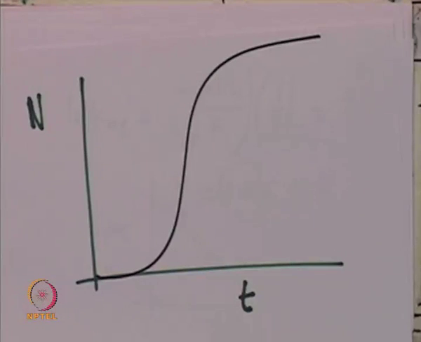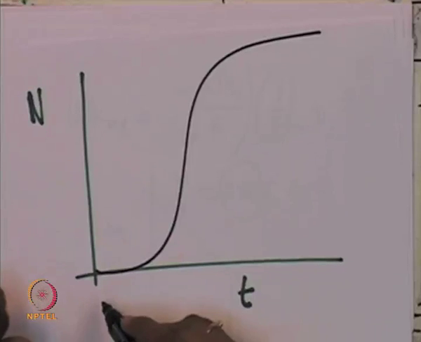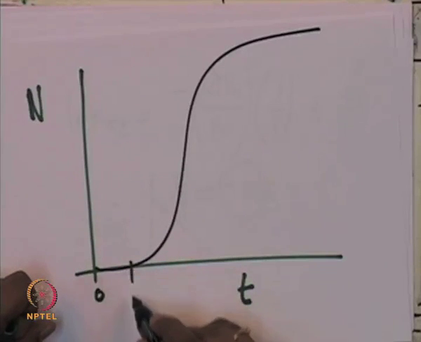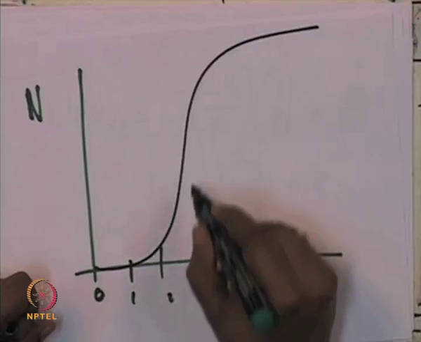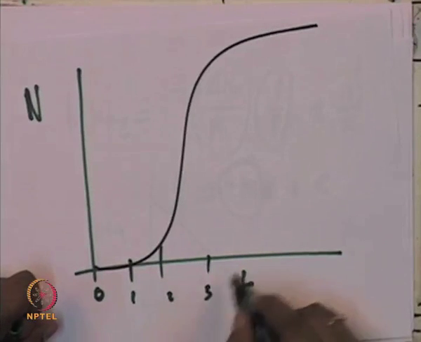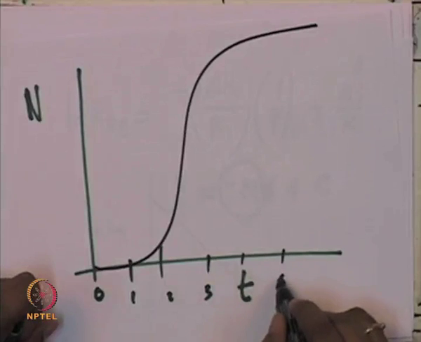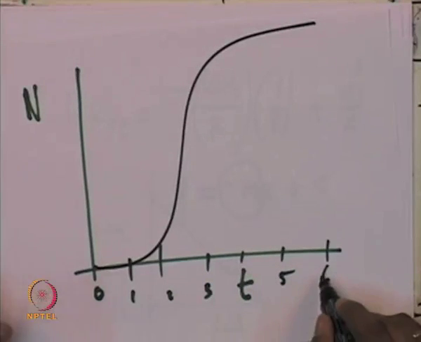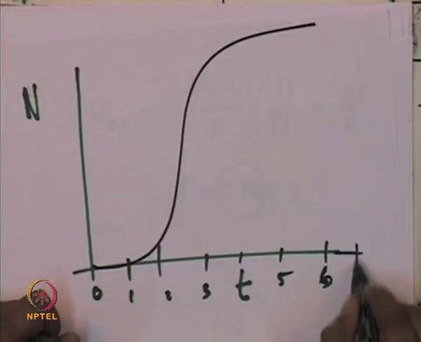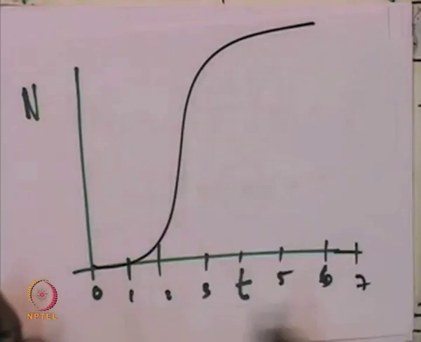Let us write the days here: 0, 1, 2, 3, 4, 5, 6. So these are days. In a week this gets saturated, let us say.